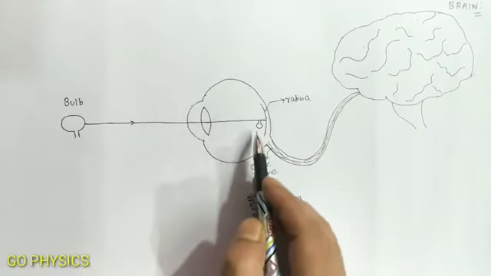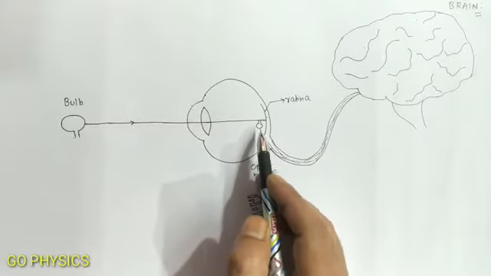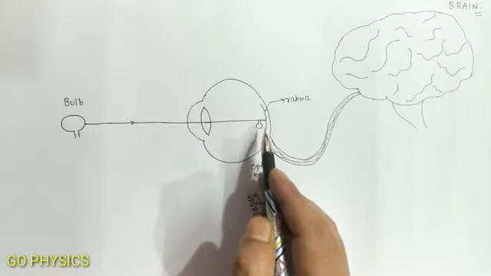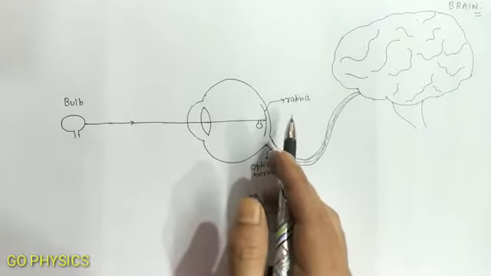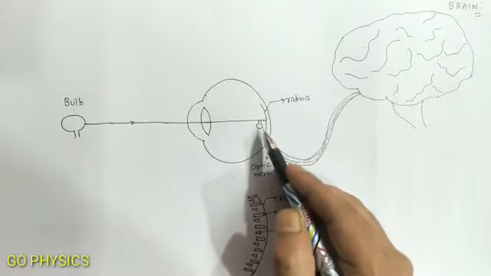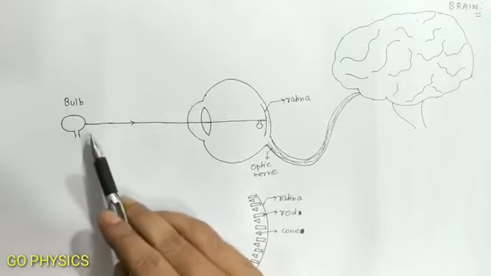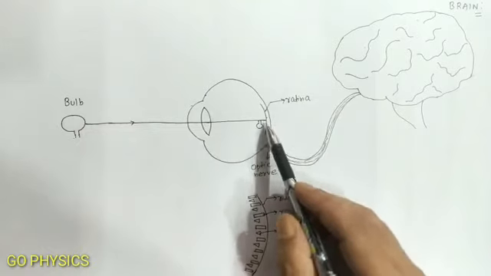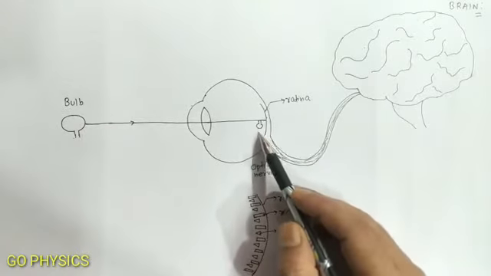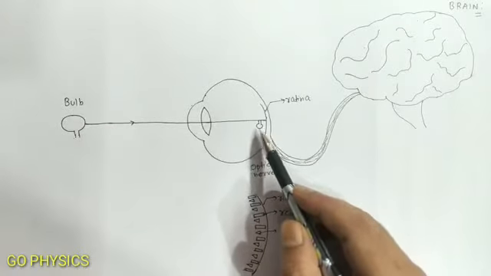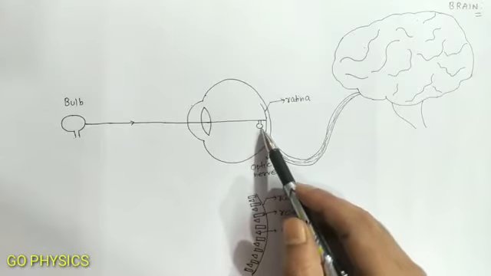Why is an inverted image formed? We will learn all this in very detail when we see optical instruments. In optical instruments, the first topic is the eye, and there we will learn why the image forms inverted. For now, just remember, the image formed on the retina is inverted, real and highly diminished.